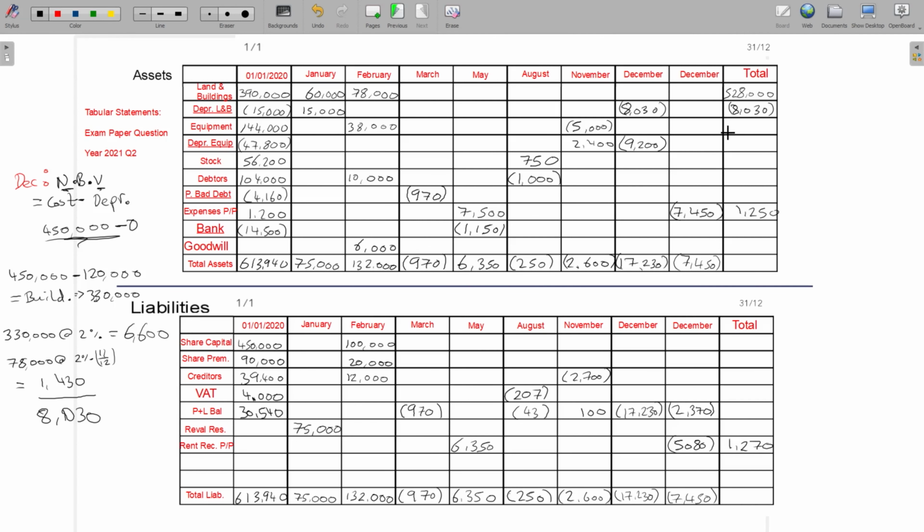Our equipment is worth 177,000. 54,600 is depreciation for equipment. 56,950 is our stock.